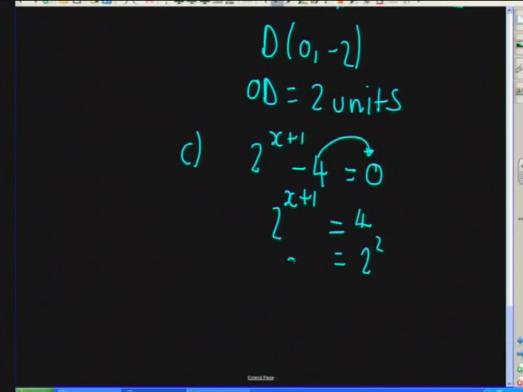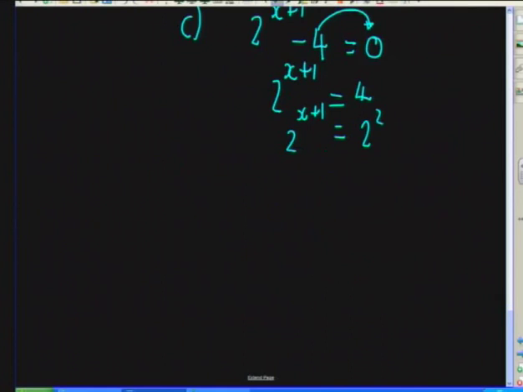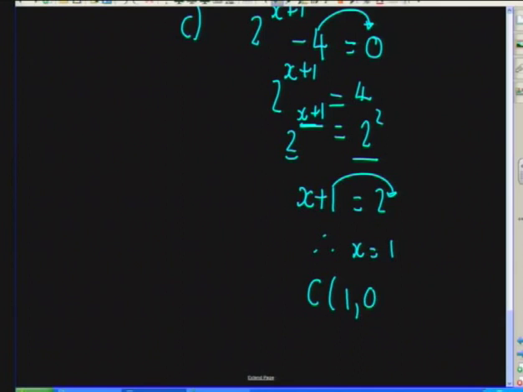Remember, whenever you're solving an exponential equation and your unknown is in the power, you've got to make your bases the same. Once the bases are the same, we can equate the powers. So x plus 1 is equal to 2, so x would be equal to 2 minus 1, which is just 1. Therefore, the coordinates of C are (1, 0).